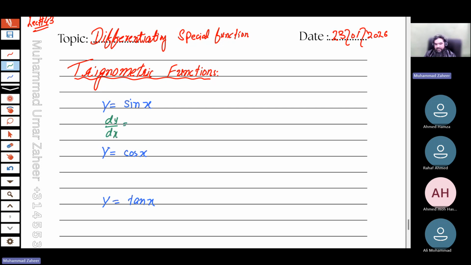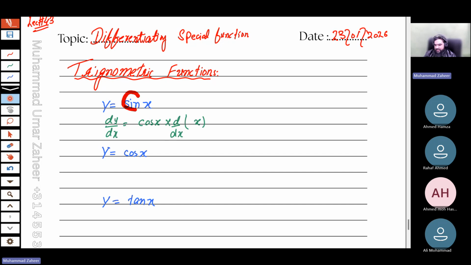If you are taking the derivative of sine, the derivative of sine is equal to cos of x multiplied by the derivative of the angle that you have. If it is angle x, you substitute x. If it is 2x plus 1, you write 2x plus 1. If it is x squared, you write x squared.